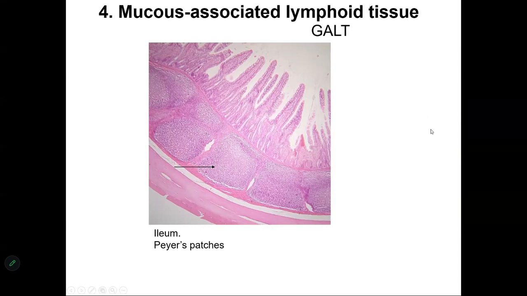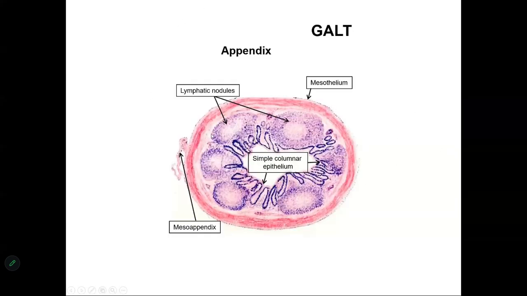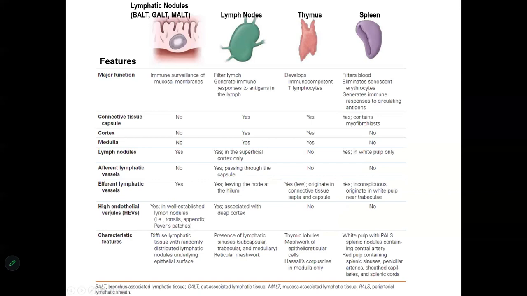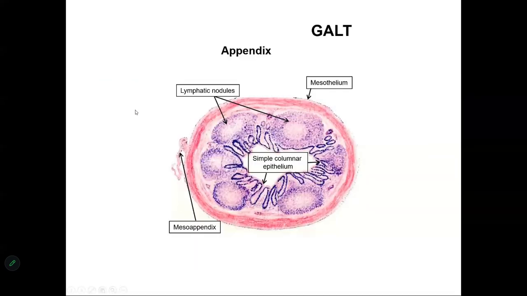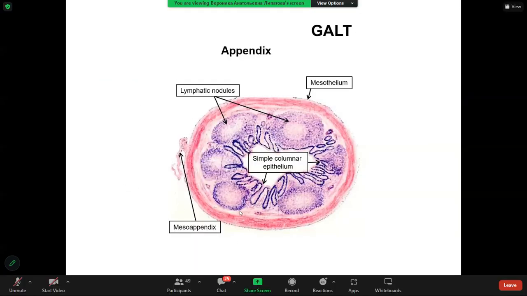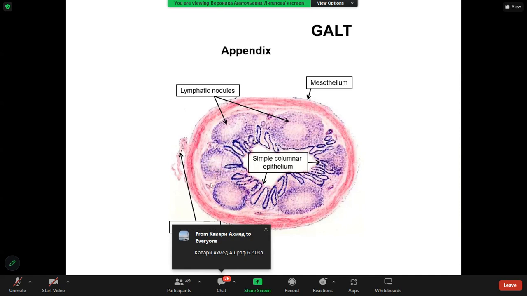Example of GALT, gut-associated lymphoid tissue: appendix. The appendix is the process of the cecum, rich in lymphatic nodules in the wall. We'll return to its structure a bit later with the gastrointestinal tract structure.